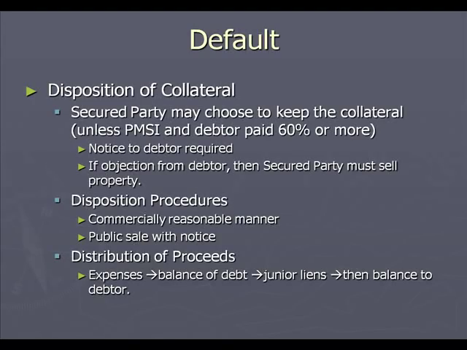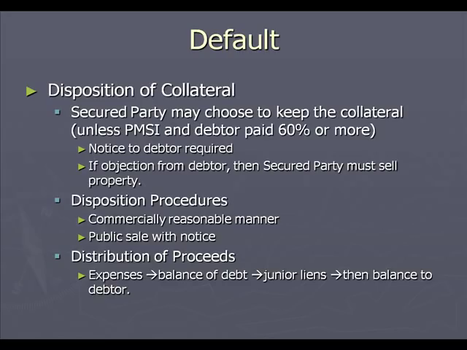Finally, once they've collected the collateral, what do they do with the money that they get? Well, they don't just get to keep it all. First, it goes to expenses. So they had to pay the repo man, or they had to go through judicial proceedings to get the property back. Those get paid first. Next, whatever debt you owed gets paid off.